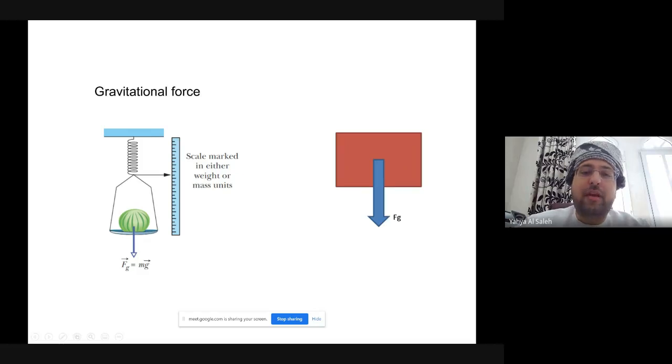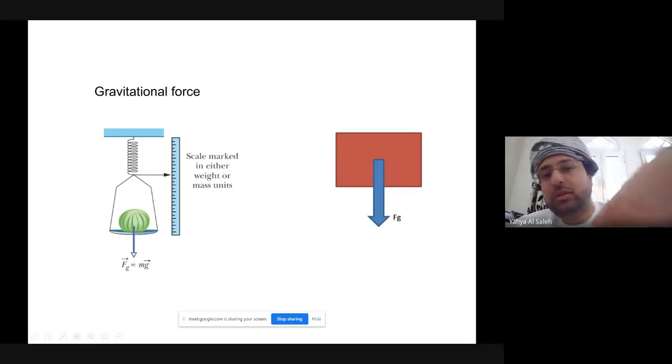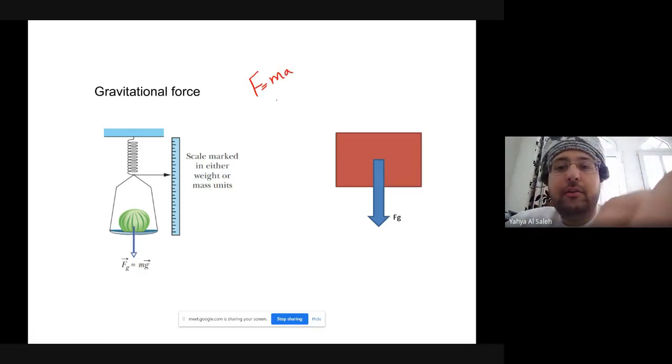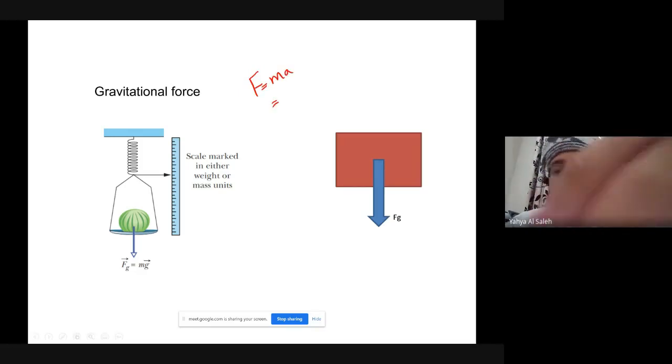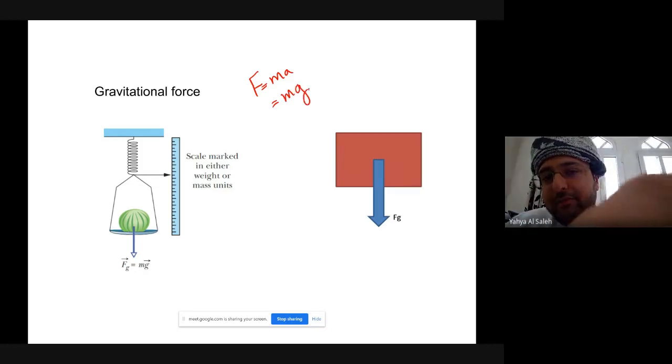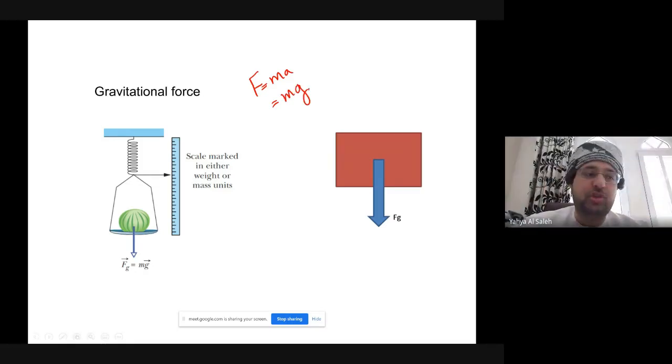Now, gravitational force is given by, well, F equals ma, where a here is gravitational acceleration. So just like we did in free fall, where we use g for a, F equals mg. Okay? Gravitational force.